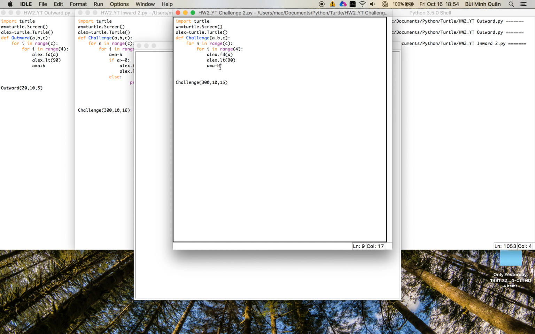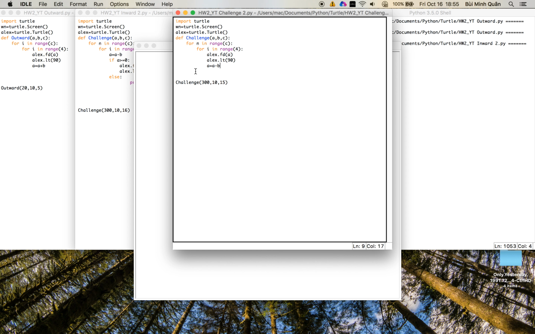The idea of the challenge is to make an inward spiral first, and then after the inward we make the outward. So A must first be bigger than 0, and then it will be less than 0.